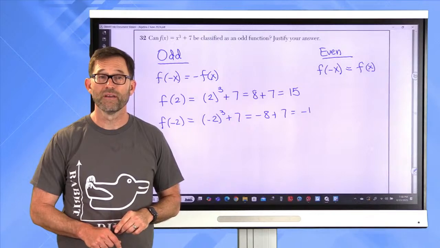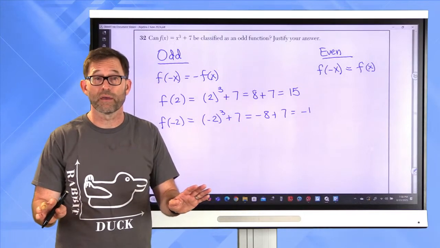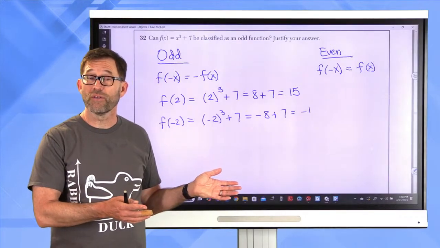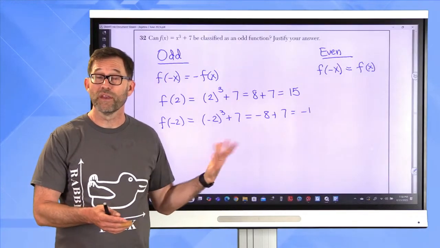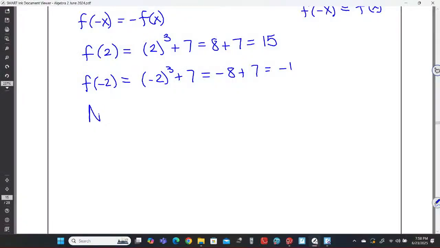And they don't. And it should be true no matter what two opposites we pick. And since we found that with 2 and negative 2, they don't give opposite outputs, the answer is no. And we don't need to do anything to justify it other than f of negative 2 does not equal negative f of 2.